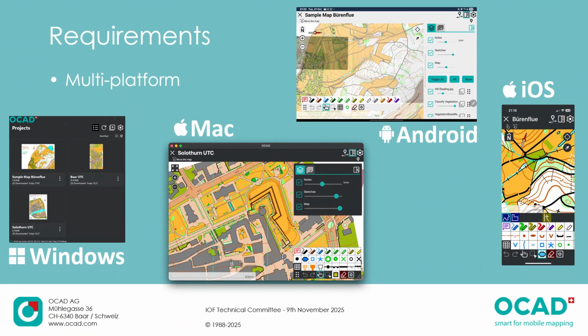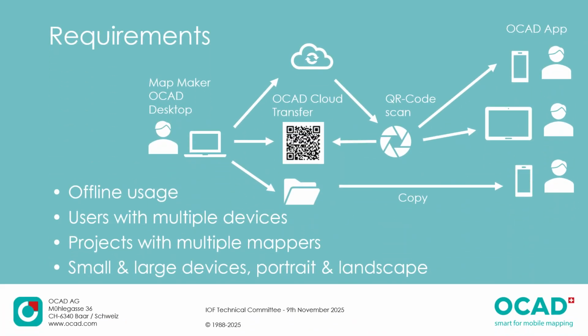So the app we've built can run on Windows, Macintosh, Android and iOS, although initially it's only going to be released on the last two. One really important requirement is that it needs to be able to be used offline so that a user in the forest without internet connection can still work productively.